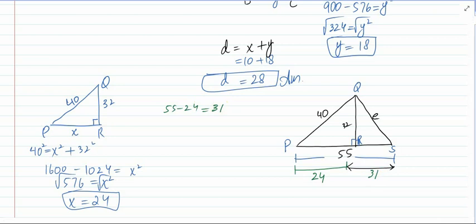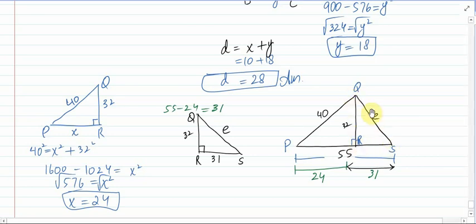Now consider the triangle QRS. QR is 32, RS we found out is 31, and QS is E, that is what we are looking for, right? So what I've done is I just plotted this triangle right here.